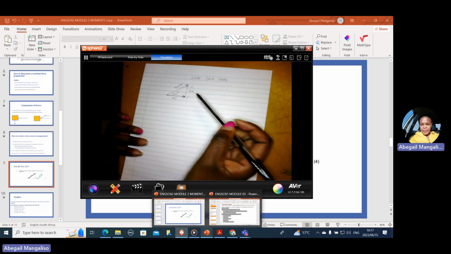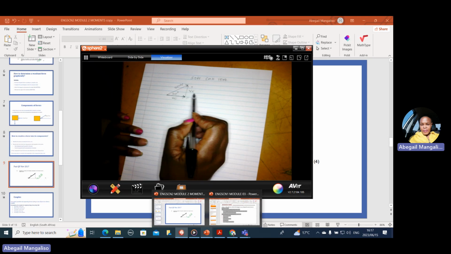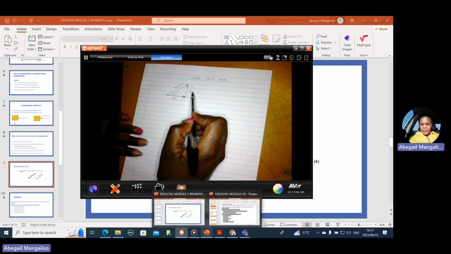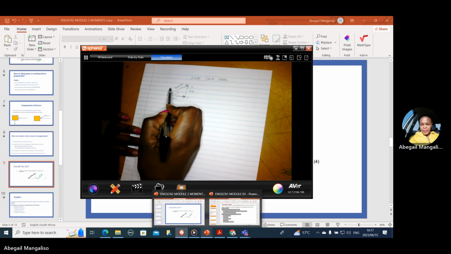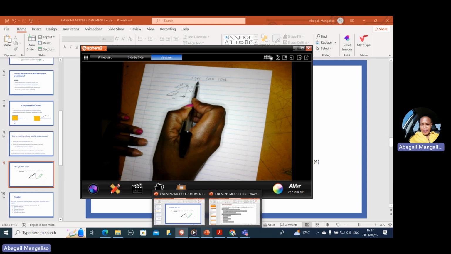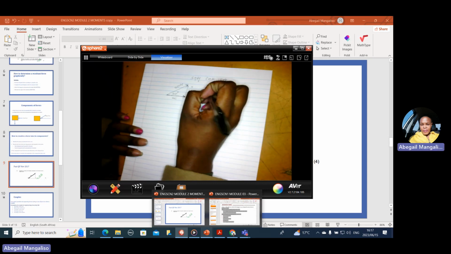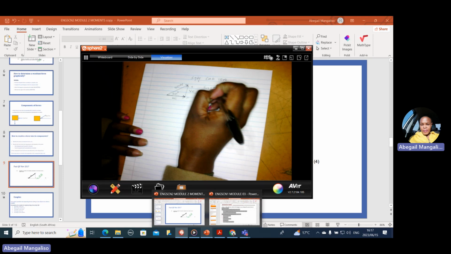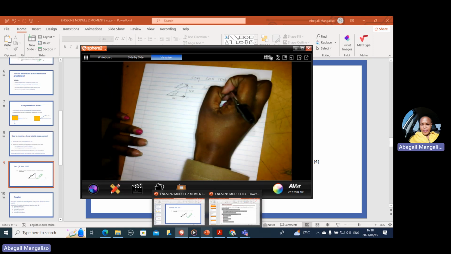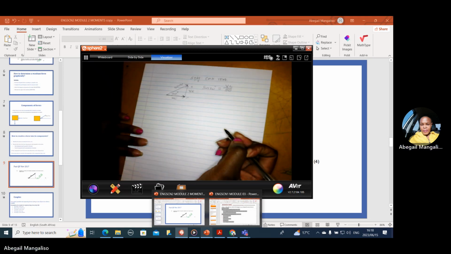Now, a trig ratio that fits in order to calculate the VC is opposite side over hypotenuse. So this will be sine 20 equal to the opposite side, VC, over the hypotenuse, 50.